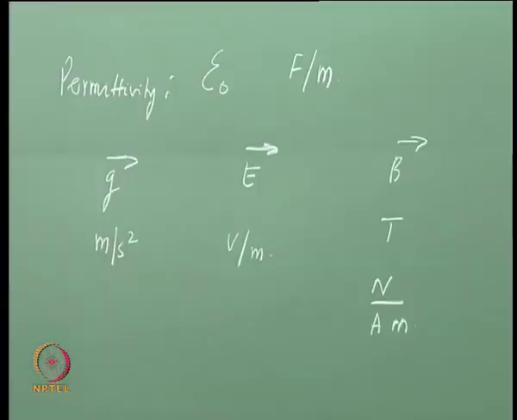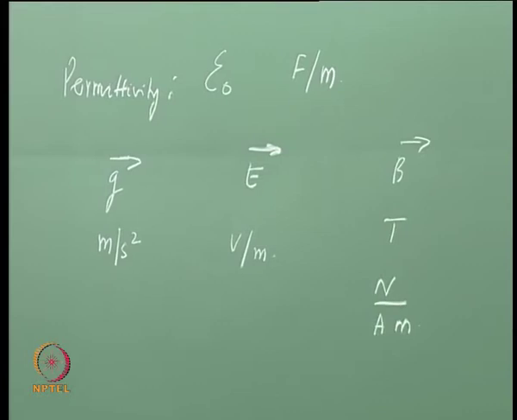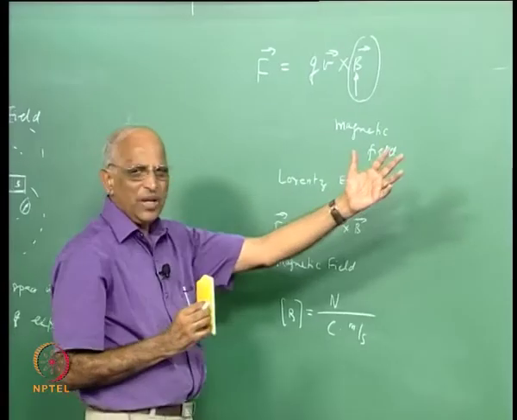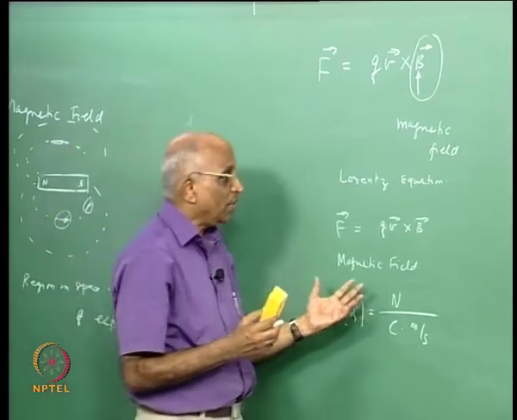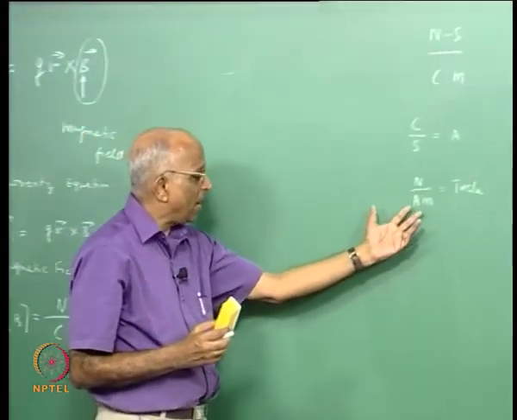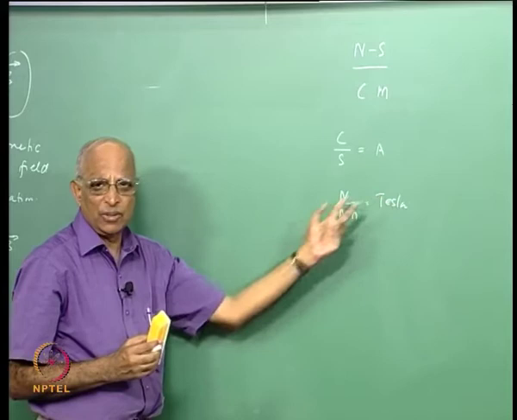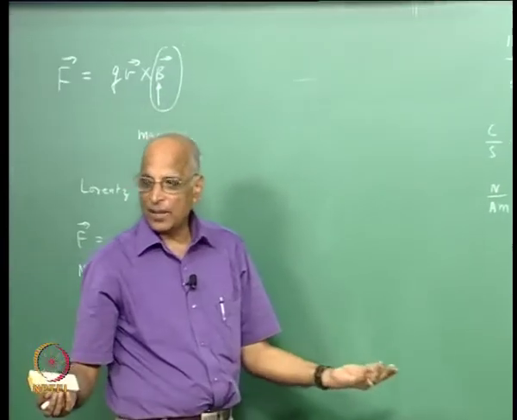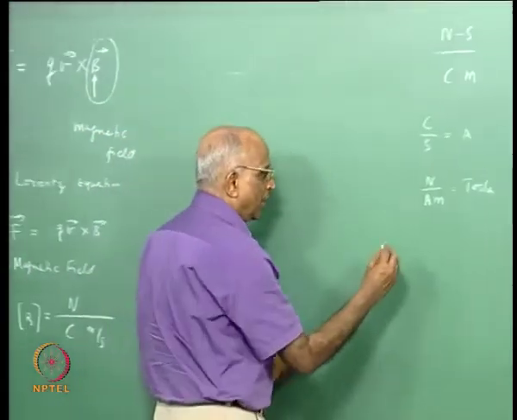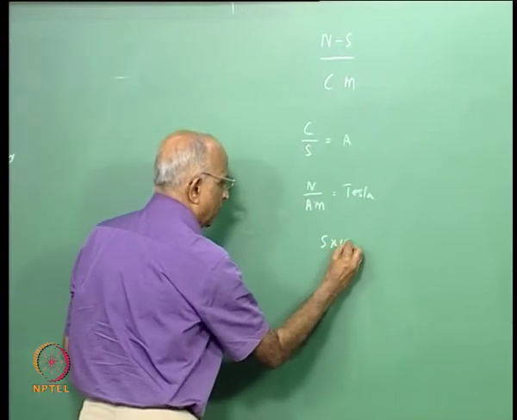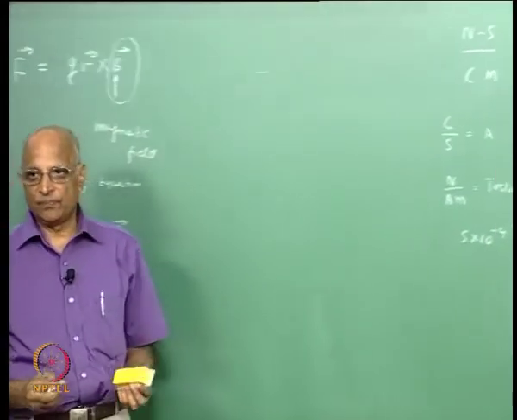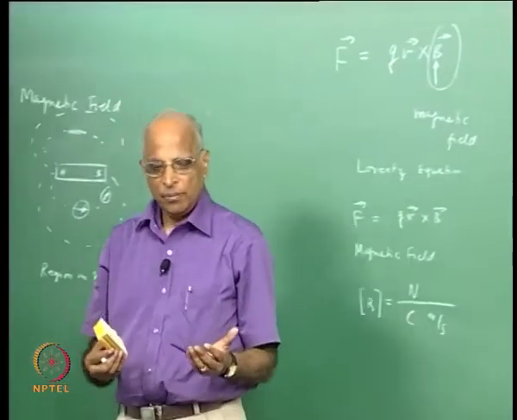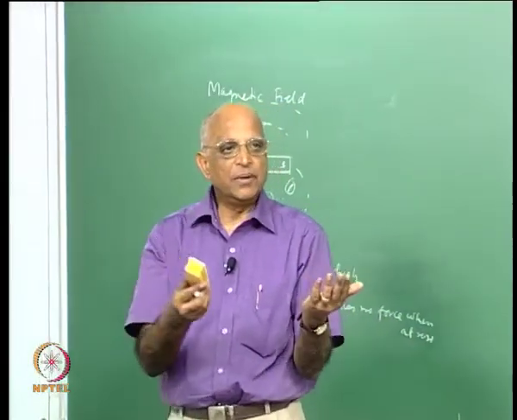I think we should get units clear, because whenever we have to calculate some forces, we have to use units, or rather I do not even mind if you use a unit like Newton per ampere meter, but we must get a feel for these numbers. What is the value of the magnetic field on the surface of Earth? It is something like 5 into 10 to the power minus 4 Tesla. We talk of maybe magnetically levitated trains and all that.